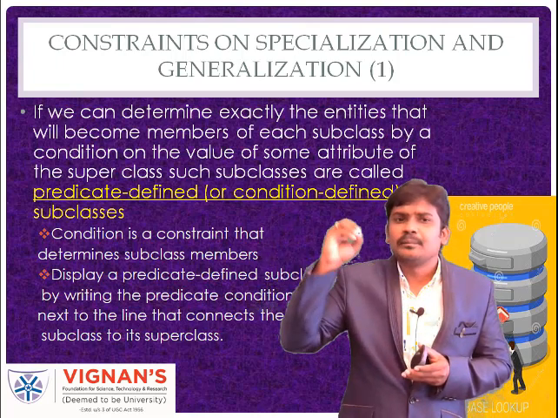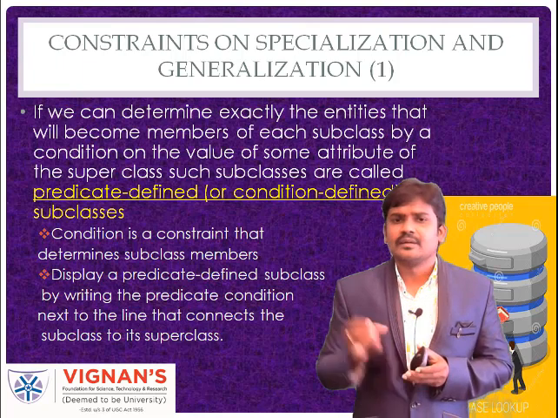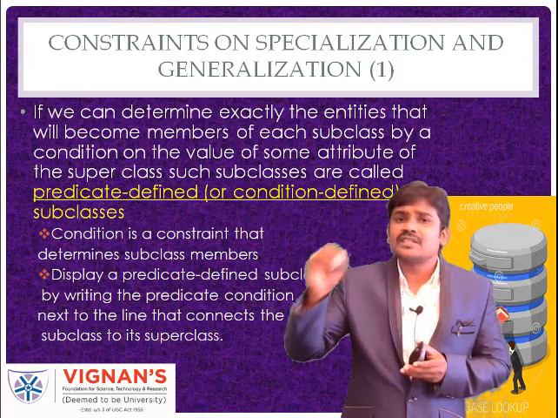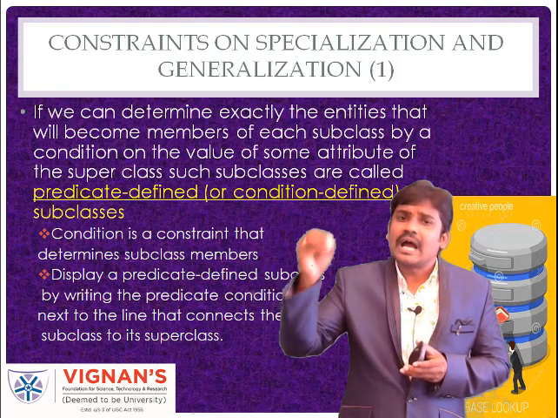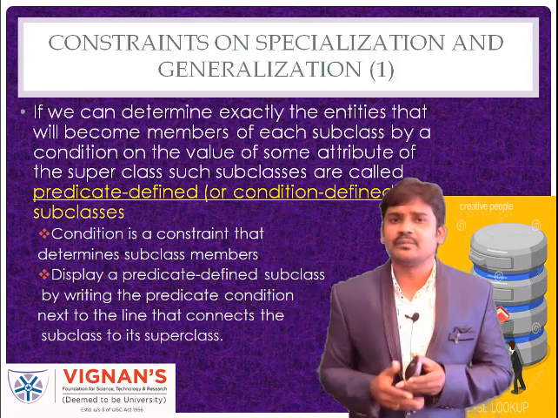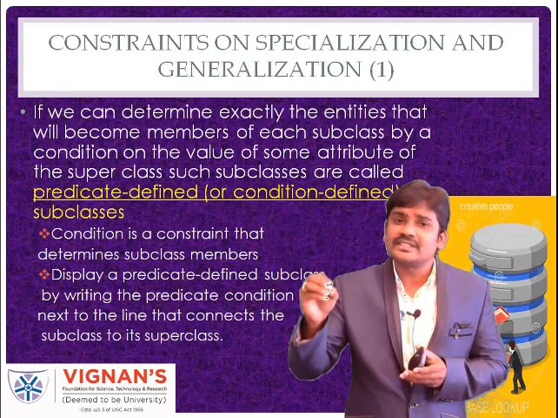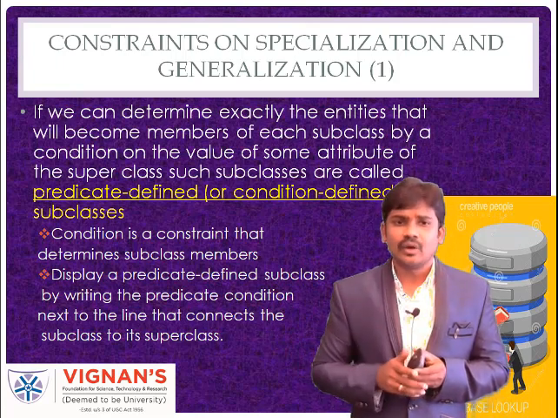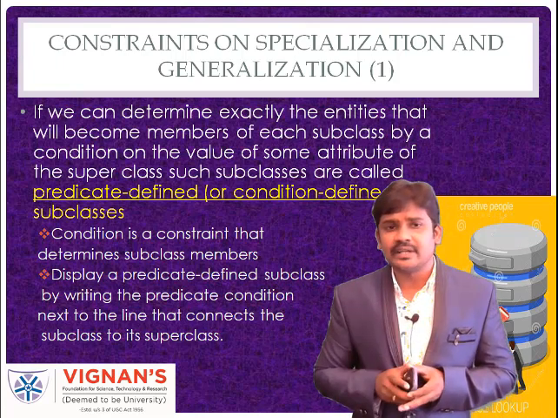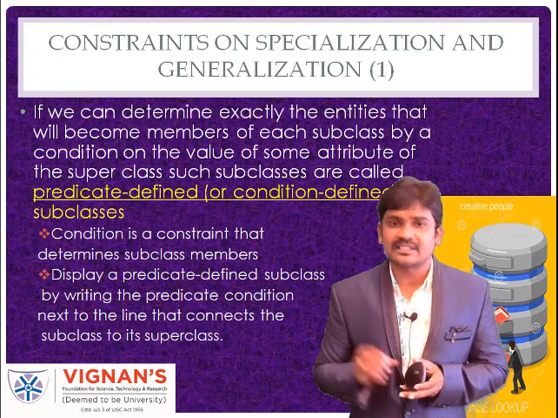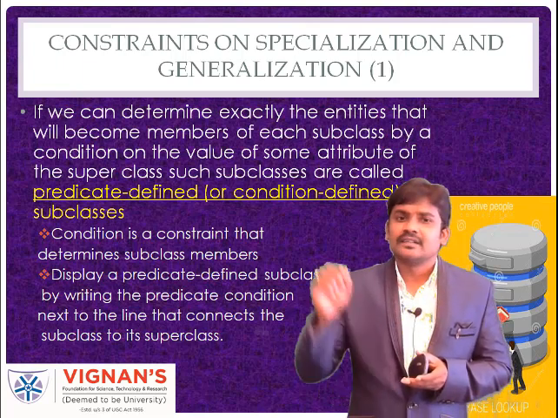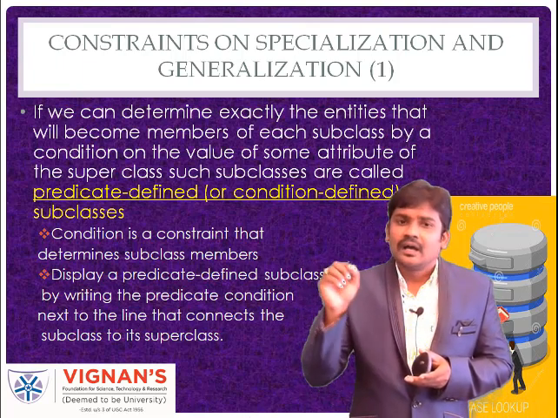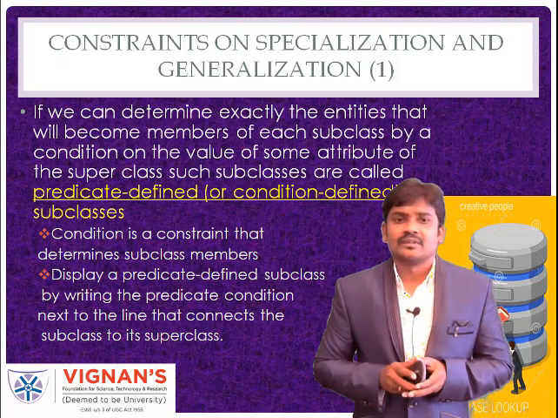That is predicate defined. Means within the superclass, on the attribute I am specifying the condition, then it specifies only the secretary details. So the condition is a constraint that determines subclass members. Here that specifies only the secretary.